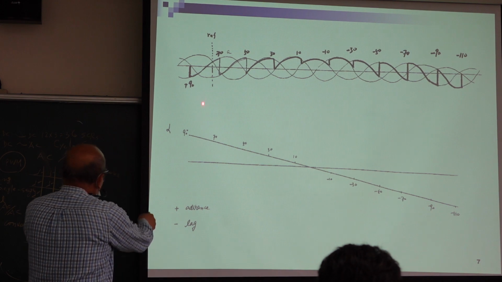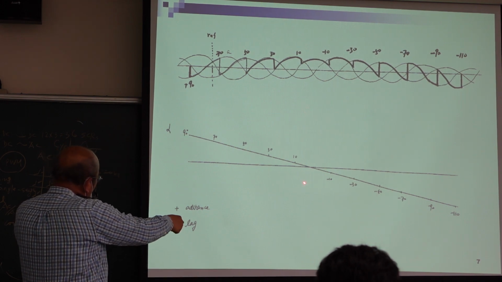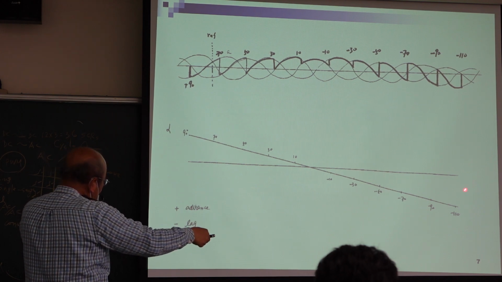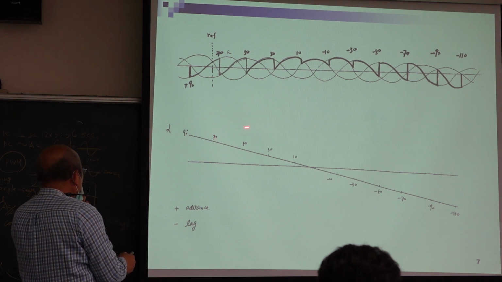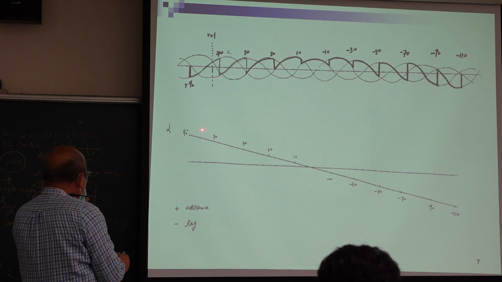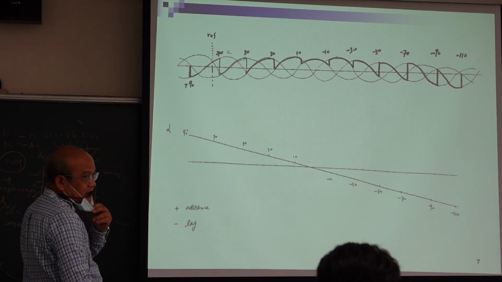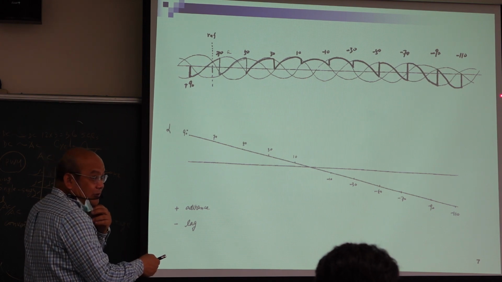So you can see the delay angle: 90, 70, 50, 30, 10, minus 10, minus 30, minus 50, minus 70, minus 90, minus 110. My question is, can you push the output more than 60 Hertz? You can only reduce the frequency, right?